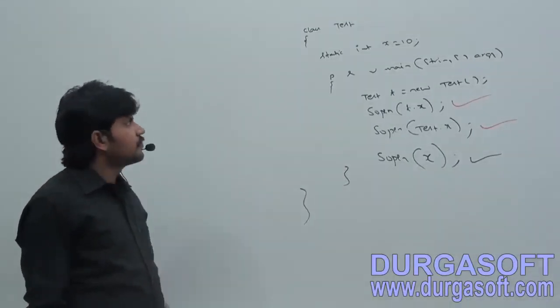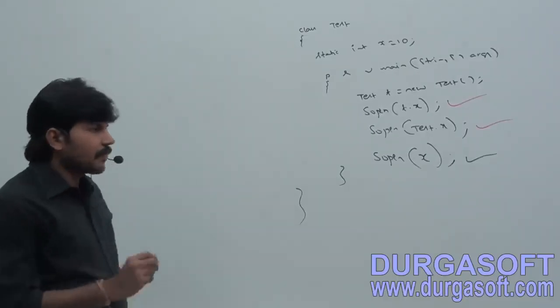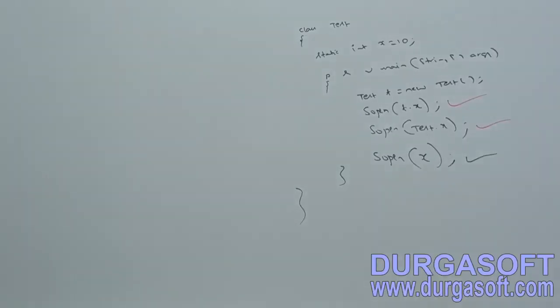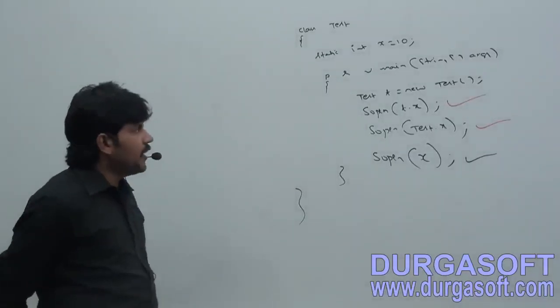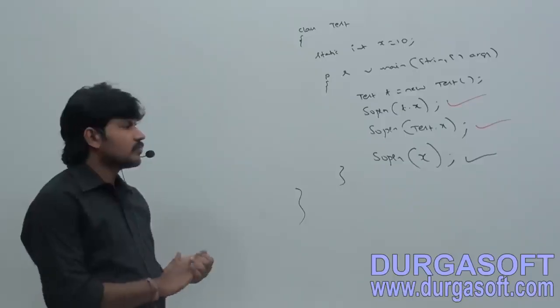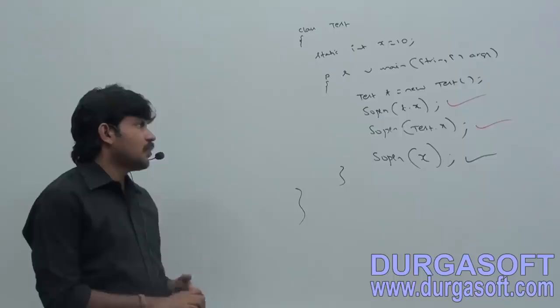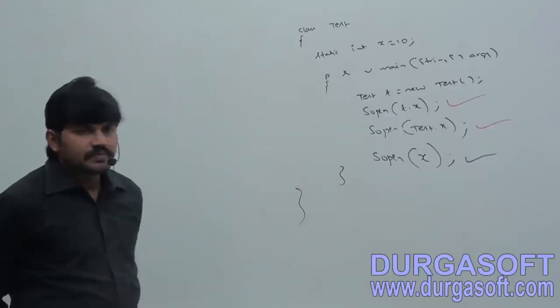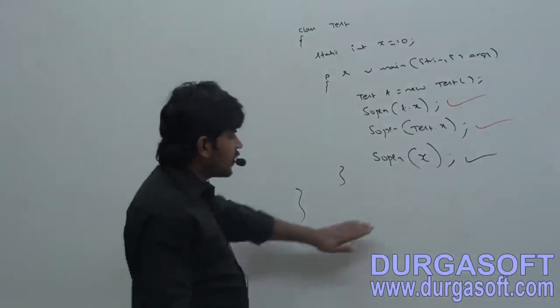Okay, at this point. Class Test, static int x is equal to 10. public static void main. Test t is equal to new Test, SOP of t.x. SOP of Test.x.